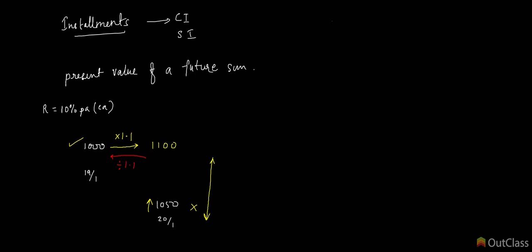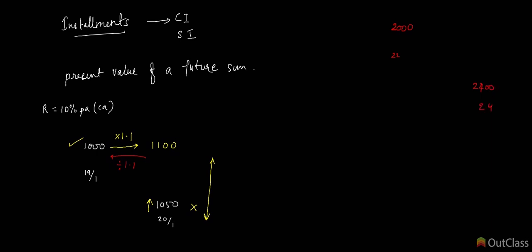So taking this example forward, let's say somebody is promising you 2,000. You have two choices. You can either take 2,000 rupees in Jan 2022, or he can give you something like 2,400 in 2024.